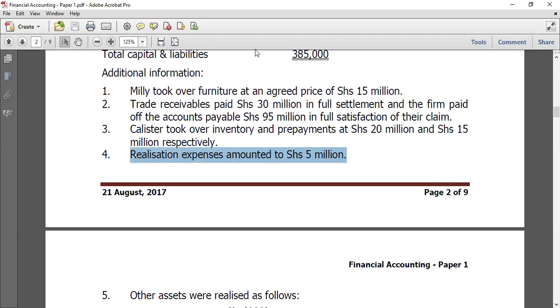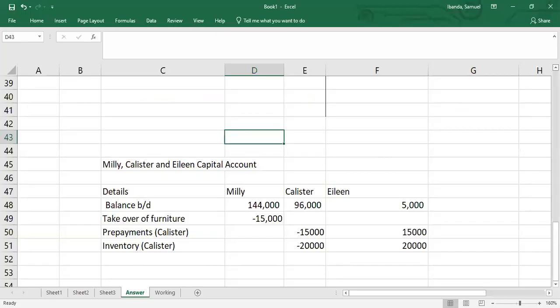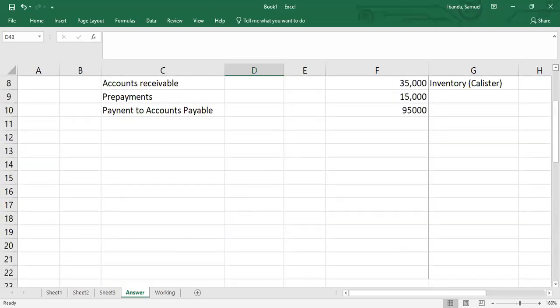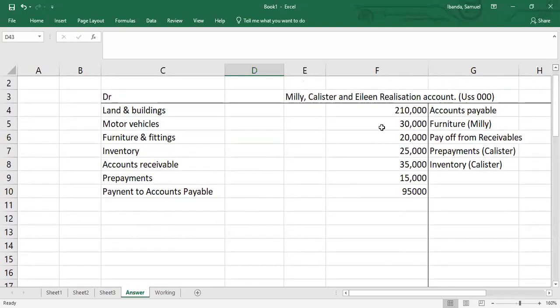This I'll also bring to my realization account. Remember realization has a credit balance, so anything like an expense is debited.